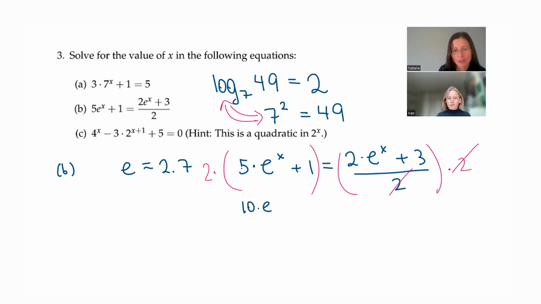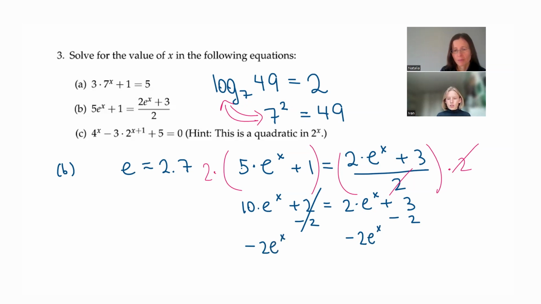So 10 e to the x plus 2 equals 2 times e to the x plus 6. Then we could subtract 2 from both sides, then move 2 times e to the x to the other side, to the left.